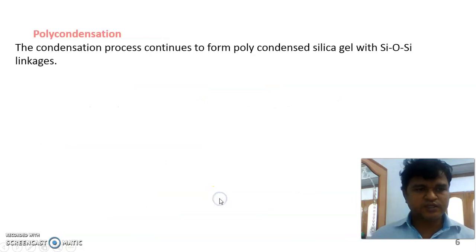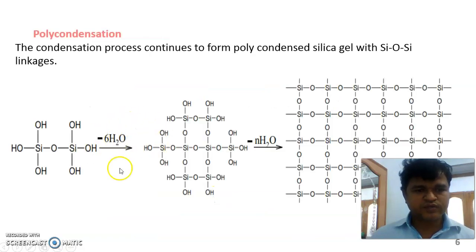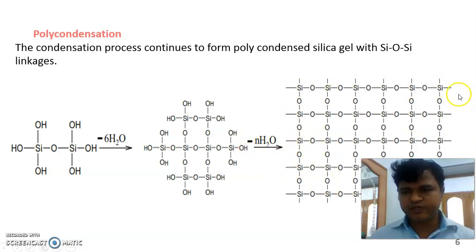Like that, polycondensation. It will form like a frame or sheet. In polycondensation, a big sheet is synthesized like this, where by liberating water molecules, they combine together very easily.